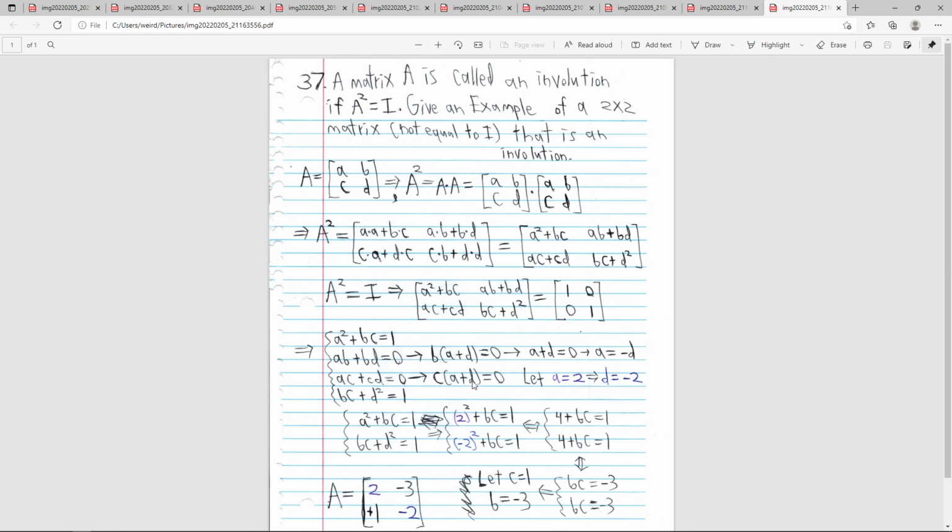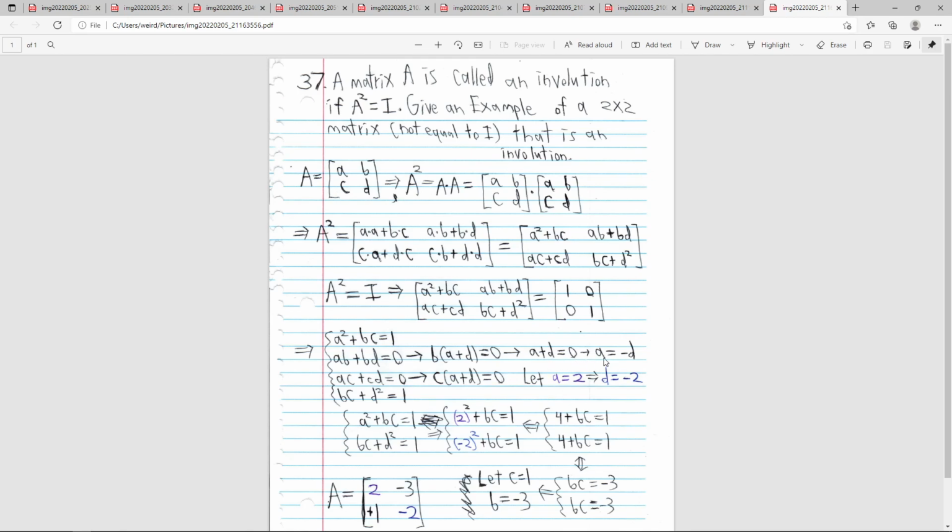C equals 0 or a plus d equals 0. Now, you can try b and c equal to 0, but it wouldn't work. If you do that, we're going to end up with the identity matrix, basically. So let's try a plus d equal to 0.